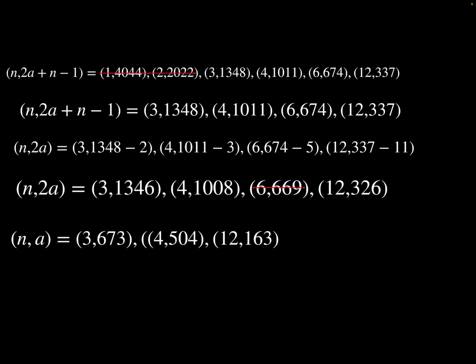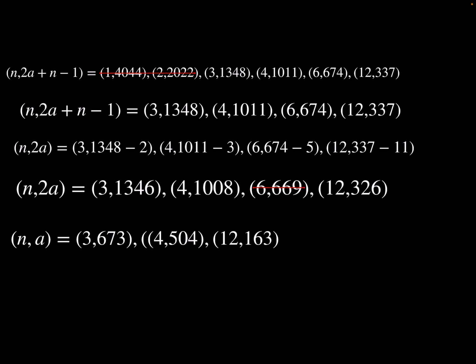After dividing by 2, we get that n, a equal 3, 673, or 4, 504, or 12, 163. So those are the possibilities we have left, and there's no other possibility. So this actually proves that these are the only representations we can have.